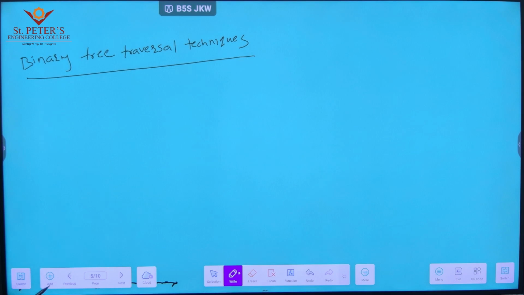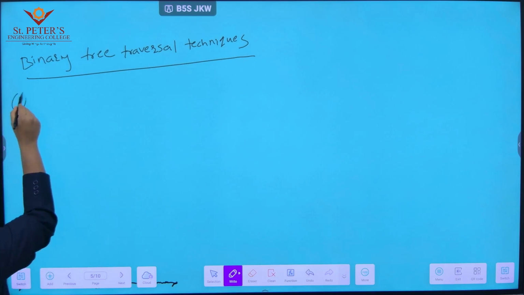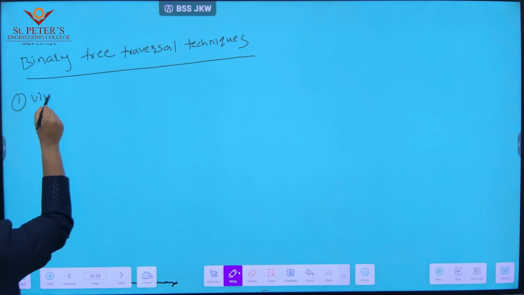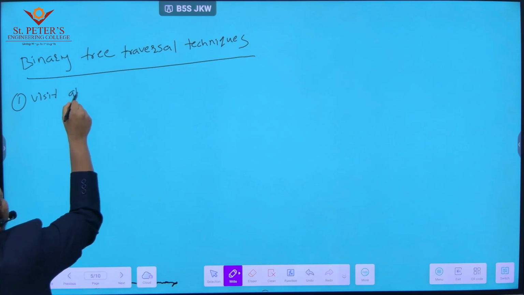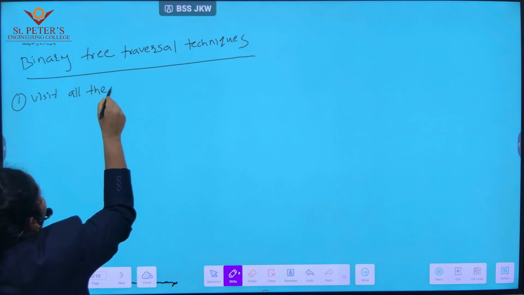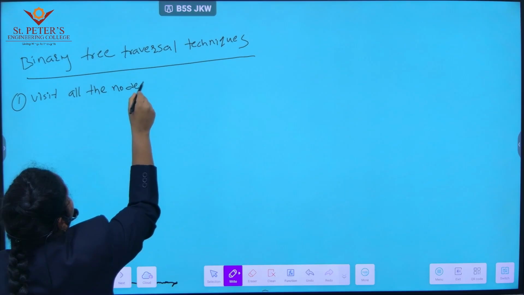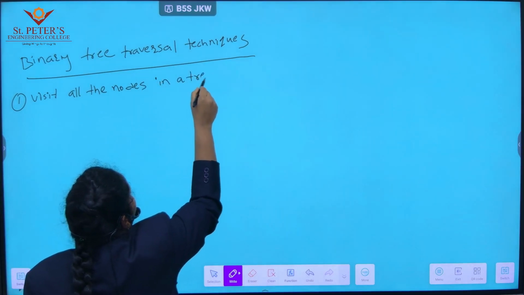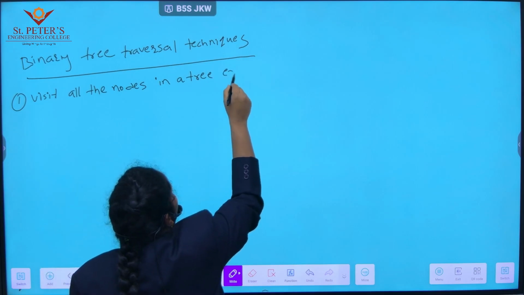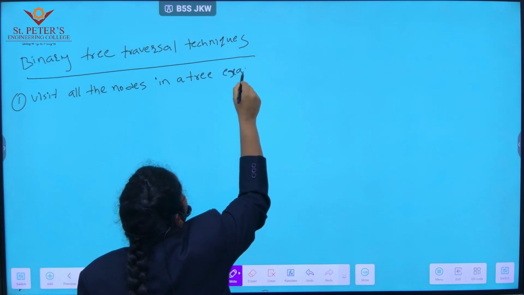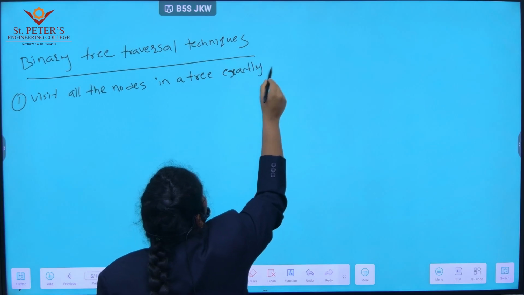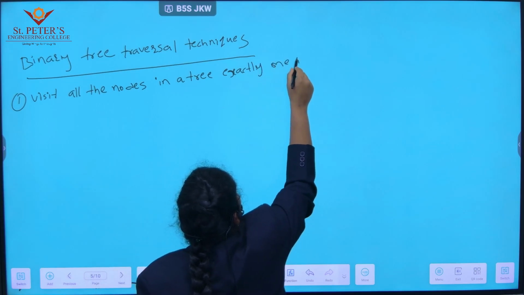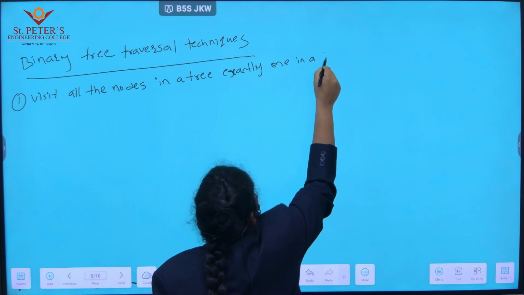Traversal means visit each and every node in a tree exactly one time.